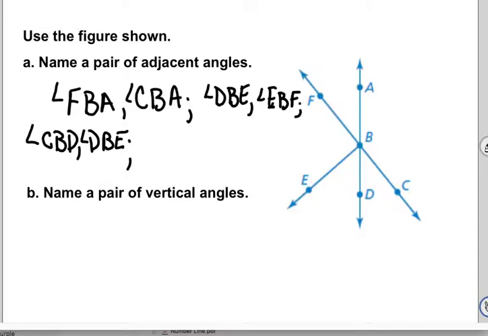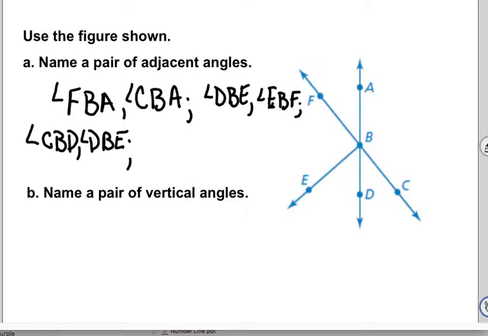Do we have any others? Do we have others here, Joey? I think FBA and EBD. And which one? DBE. FBA, DBE. Do they share a side? Okay?